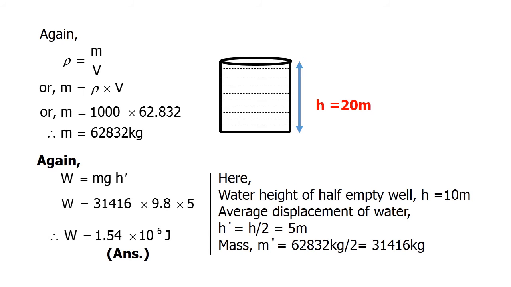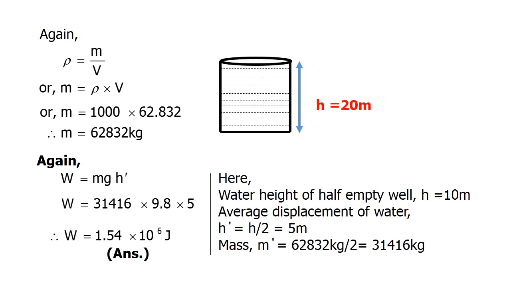Though the depth of the water given is 20 meter, we consider 10 meter here. Why? Because we have to empty half of the deep well, so we take 10 meter. That means the water height of the half-empty well is 10 meter, and we calculate the average displacement by that portion of water. So the average displacement will be 10 by 2, that means 5.